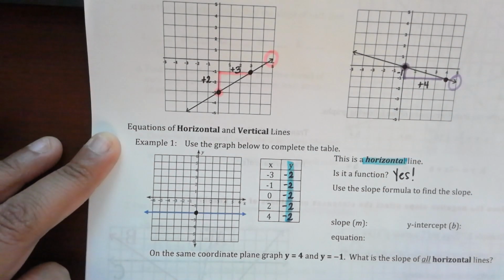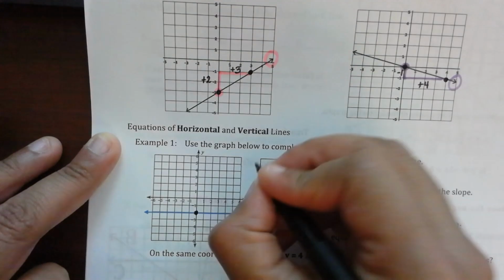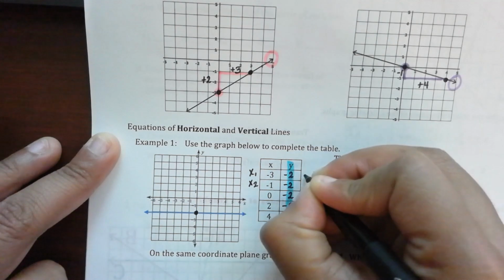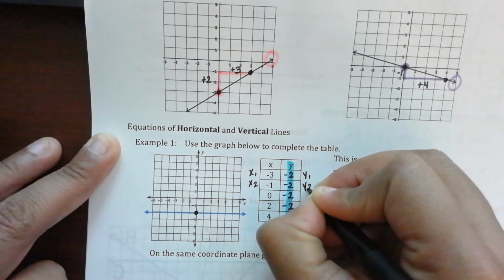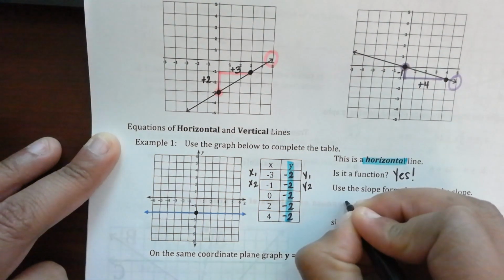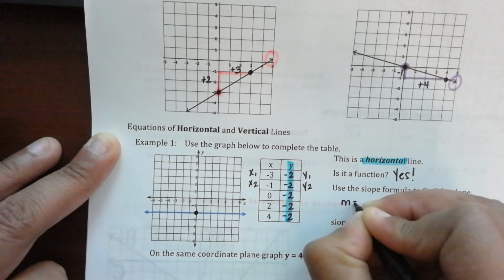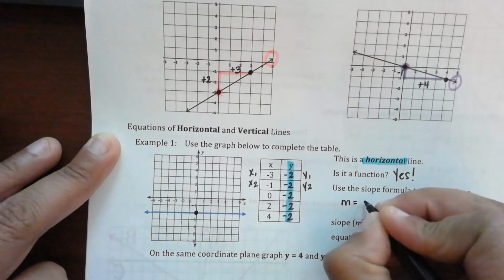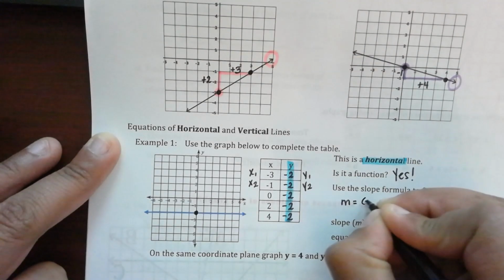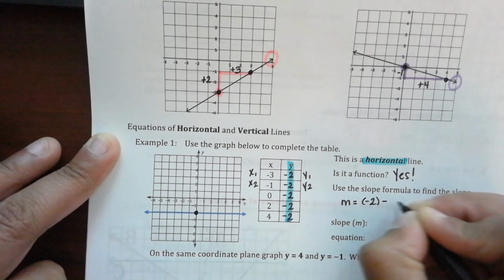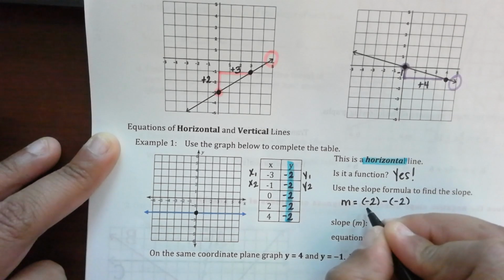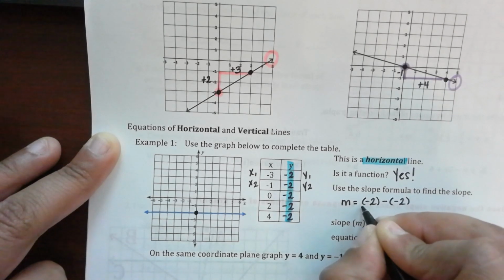It says use the slope formula to find the slope. All I need is 2 points: x1, x2, y1, y2. So m equals y2 minus y1 over x2 minus x1. How would the top be set up? -2 minus -2.